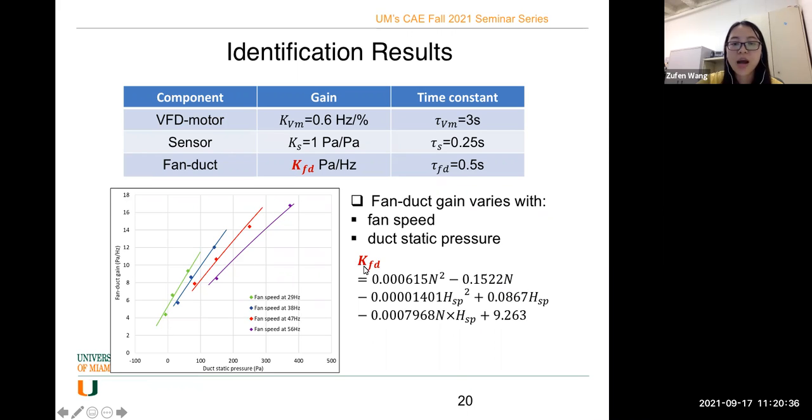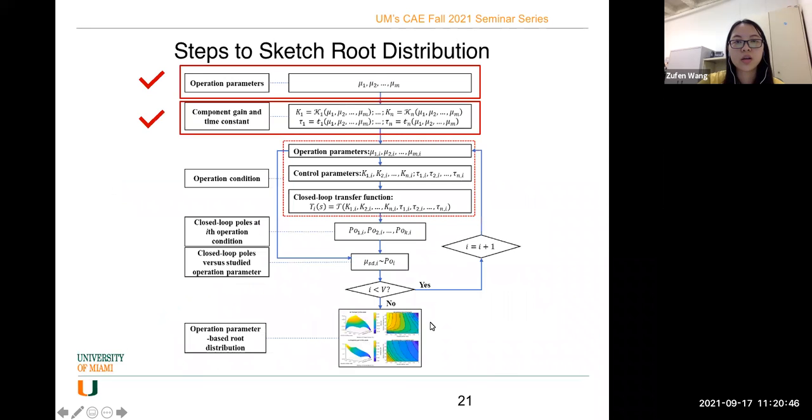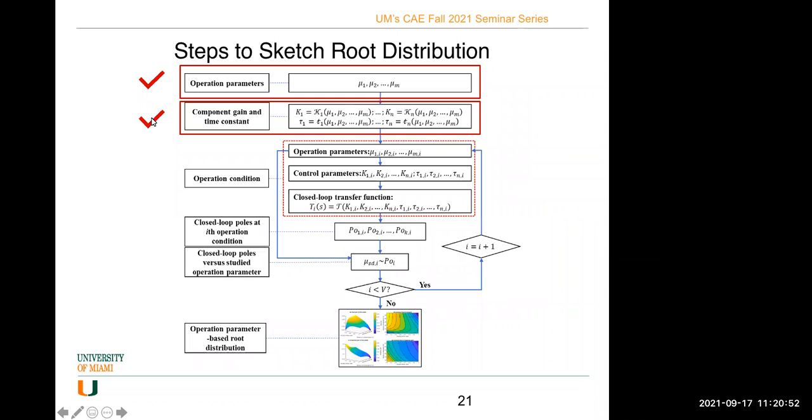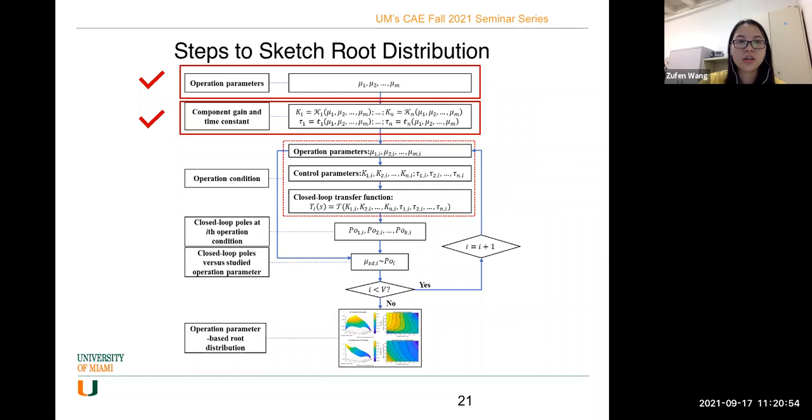We regress the fan duct gain as a function of fan speed and duct static pressure. Here we get the expression. Up to now, we have already finished step 1 and step 2 to sketch the root distribution. Then we'll follow the procedure.